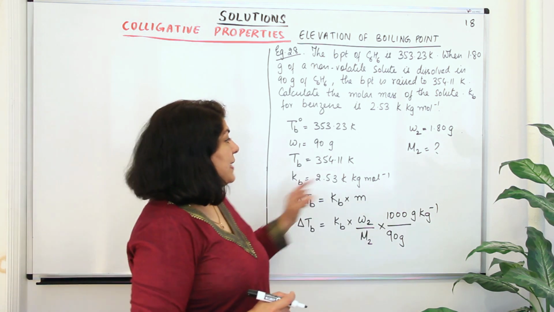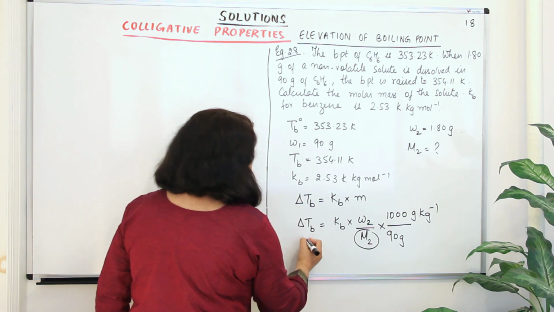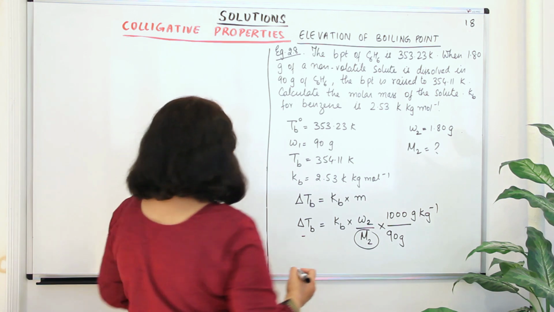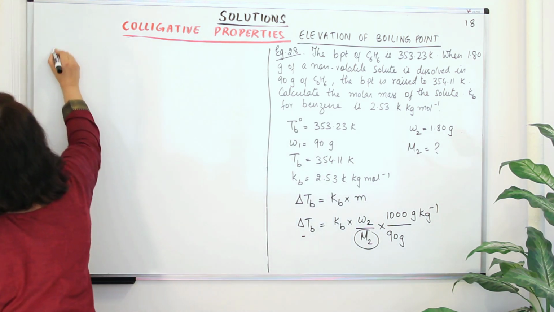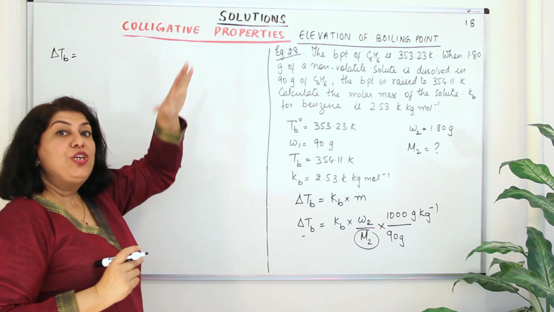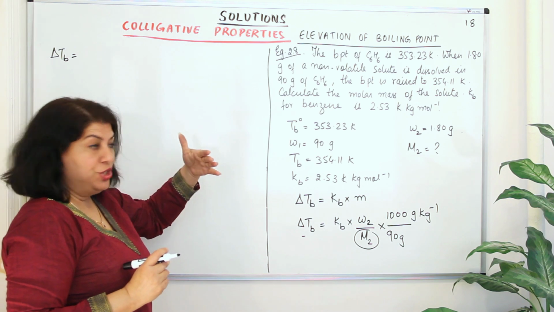Now what is asked? We've been asked M2, and delta Tb can be calculated from this. So let us find out delta Tb. What is delta Tb, the elevation in boiling point? The final boiling point minus the initial boiling point.